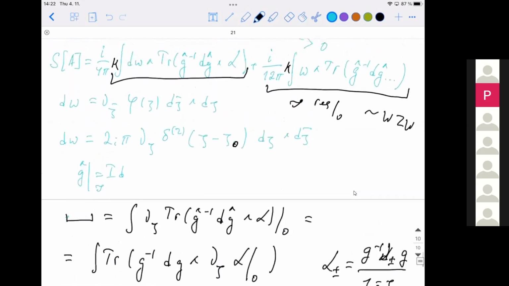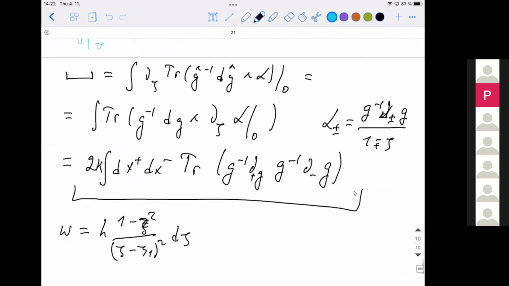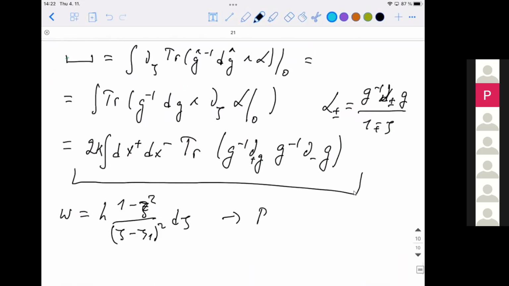So this term does not vanish. So this will produce PCM with WZW.